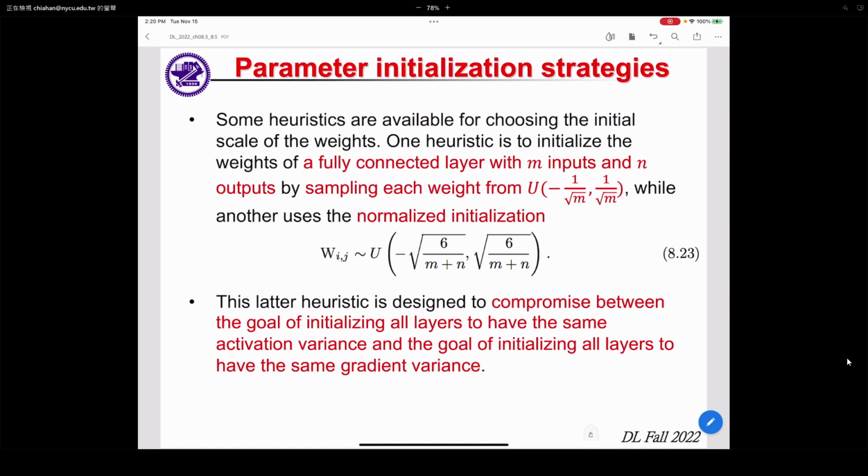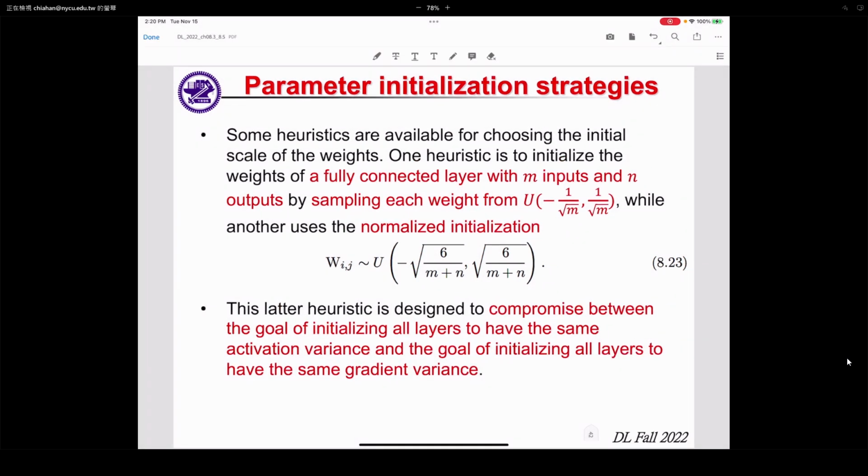So one thing people usually do is that for a fully connected layer with m inputs and n outputs, you can use a normalized initialization. You can choose this range depending on how many weights and how many units.